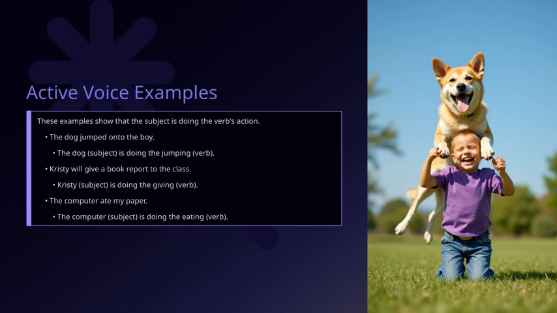What's important to notice here is that active voice makes sentences clearer and more direct. It highlights who is doing what, which keeps your writing lively and engaging. This focus on the subject performing the action ties into our overall theme of effective communication. When you use active voice, your message becomes more straightforward and easier for your audience to understand.